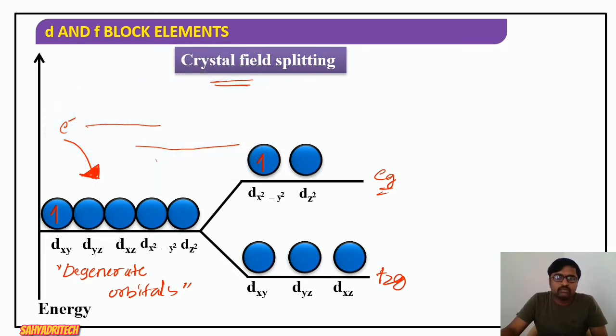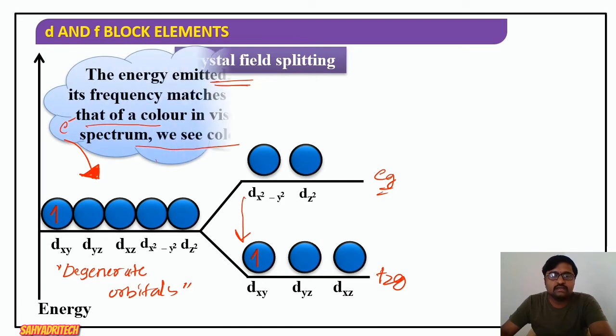In what form? It is given out again in the form of radiations. And once that energy is given out, the electron comes back to its ground state, or I can say its lower energy level.